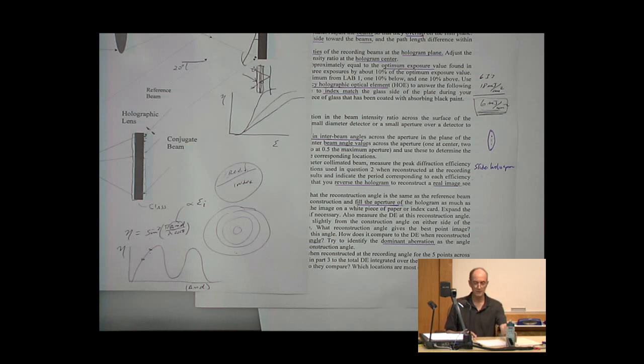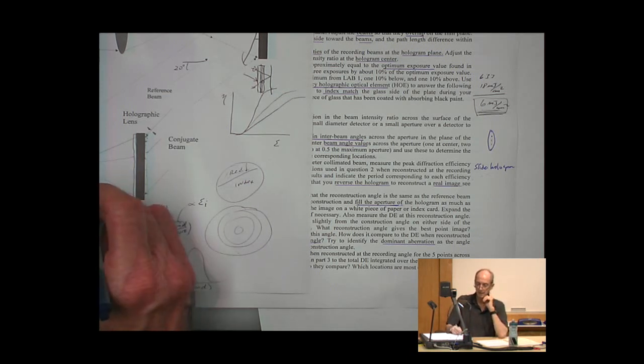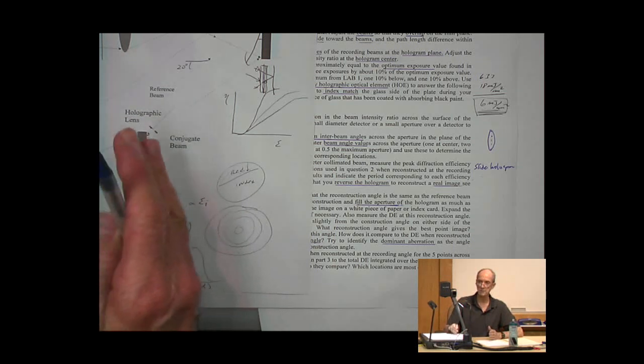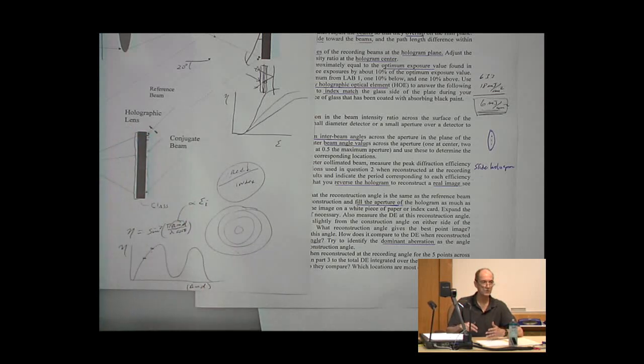And the other thing you can see is how nice a spot you're able to produce during that reconstruction. So what you should get is a nice point image, all right? Ideally, you'll get a nice point image. But if you had changes in the material, for instance, if the average refractive index changed, or if you had to tilt this a little bit to get the maximum efficiency, you will start to see some aberration.